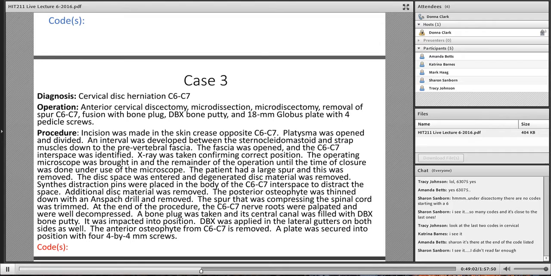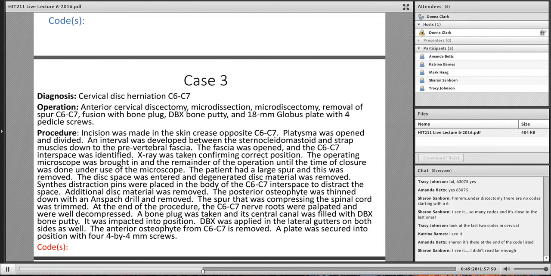Now somebody posted some codes in the 22 arena, and I'm well aware of that, but I want to point something out here. Just follow me. So what was the code they listed? 22554.